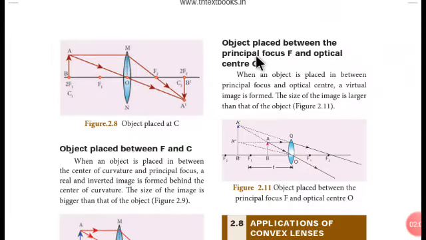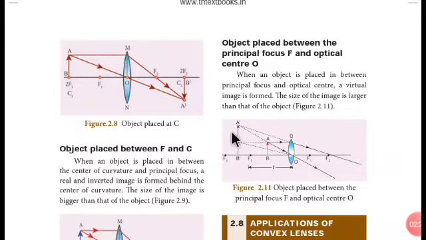And the last one is that object placed between the principal focus and optical center. Object is kept in between focus and optical center here. And the image is formed in between center of curvature and focus, and here the image is erect and upright.